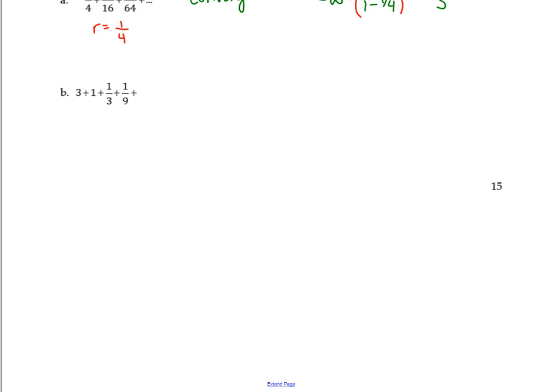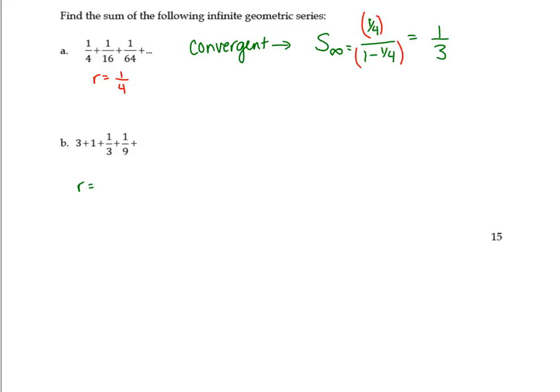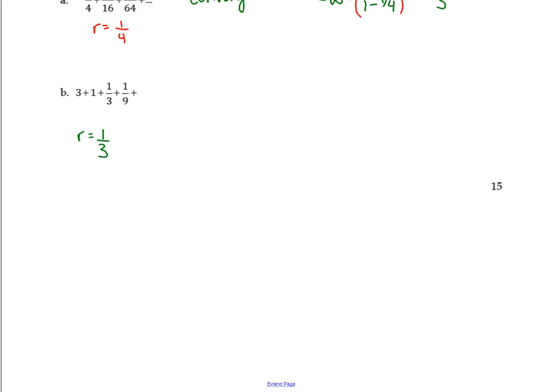Next one, what's your common ratio? Term 2 divided by term 1. 1/3. Therefore, convergent. Only if it's convergent can we use the infinite sum formula of term 1 divided by 1 minus r. It's the easiest formula, so simple. What's our first term? 3 divided by 1 minus 1/3.